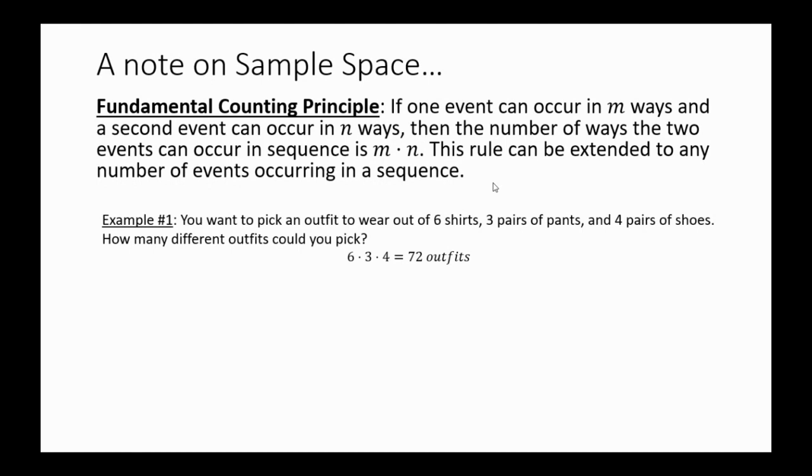Let's just say you want to randomly reach in and grab a shirt, grab a pair of pants, grab a pair of shoes, and walk out the door. How many different outfits could you pick? Well, you would just multiply 6 shirts times 3 pairs of pants times 4 pairs of shoes. That gets you 72 different outfits.